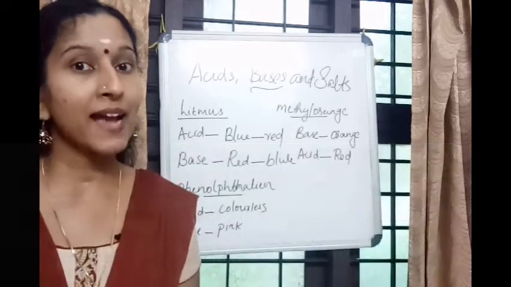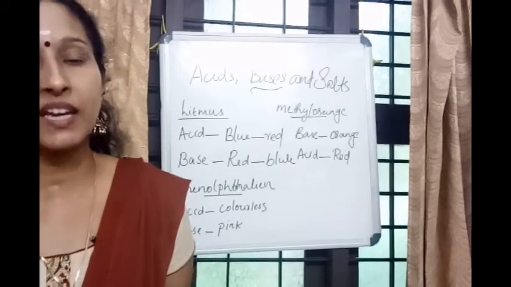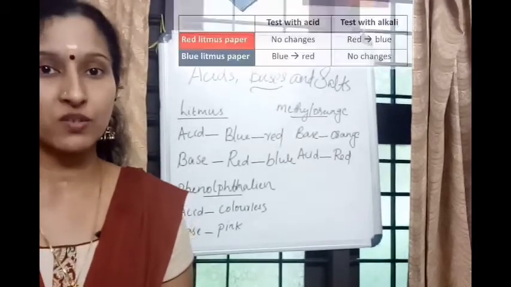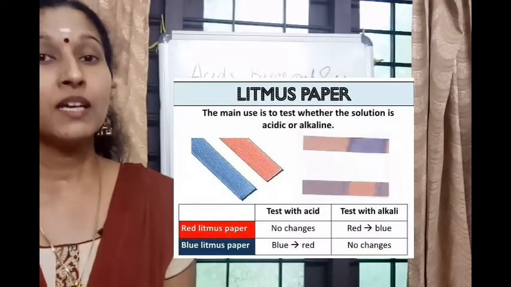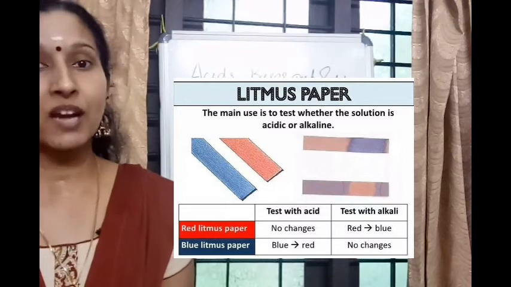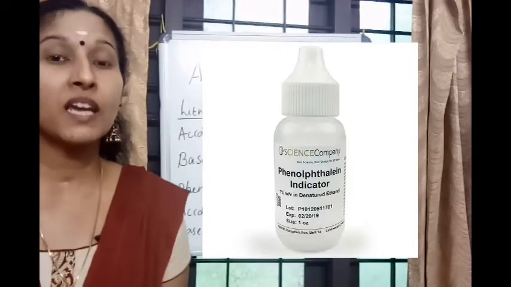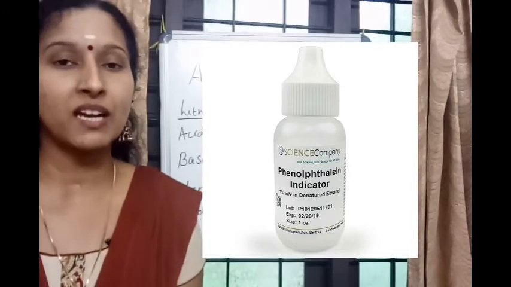And we have natural indicators as well as synthetic indicators. Litmus is an example of natural indicators, and phenolphthalein and methyl orange are the examples of synthetic indicators. Synthetic indicators means artificial indicators.